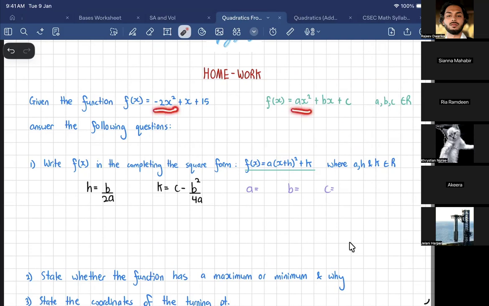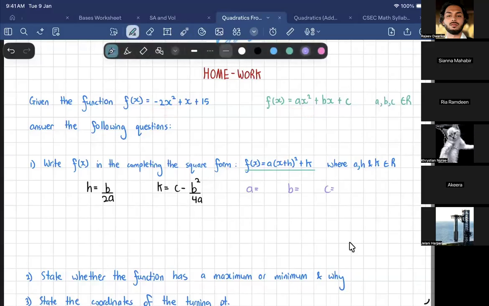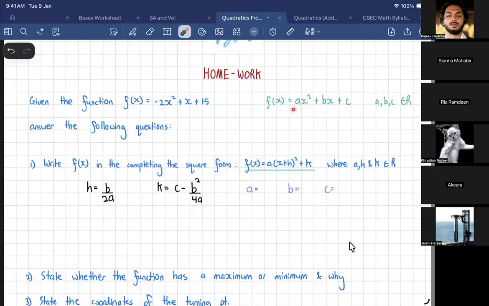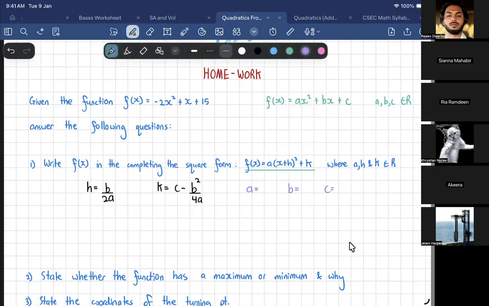What do you think a is? Negative 2x squared. Again, a is the number in front of x squared, not x squared itself. What is the number in front of x squared? Oh, negative 2. Right, not negative 2x squared, just negative 2, because we're just looking at the numbers in front of the variable.